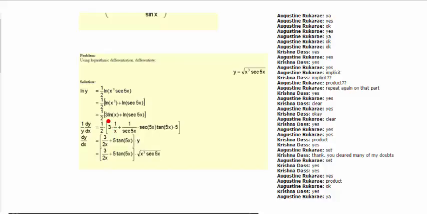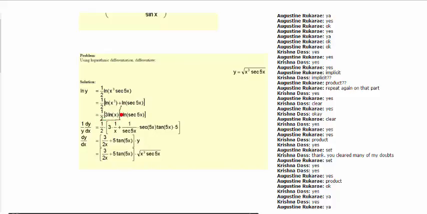We put 3 as it is. Differentiating ln x gives us 1 over x. Is it making sense? Okay, good. So this part is already done.